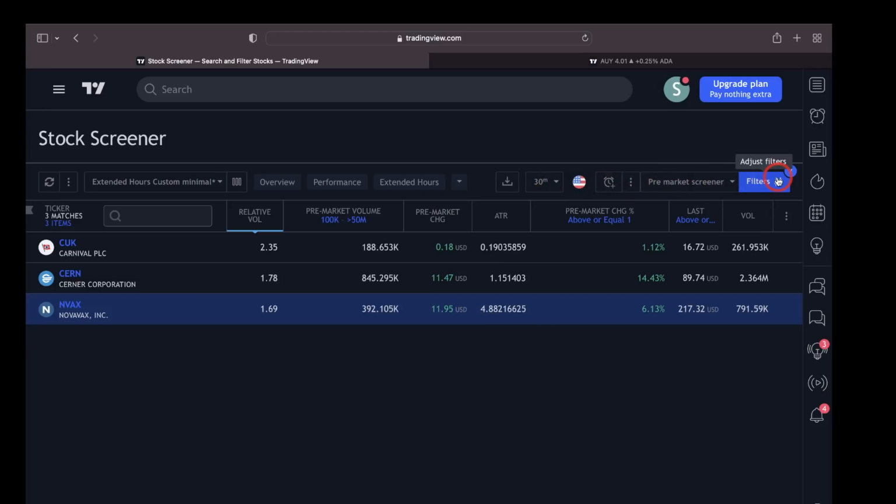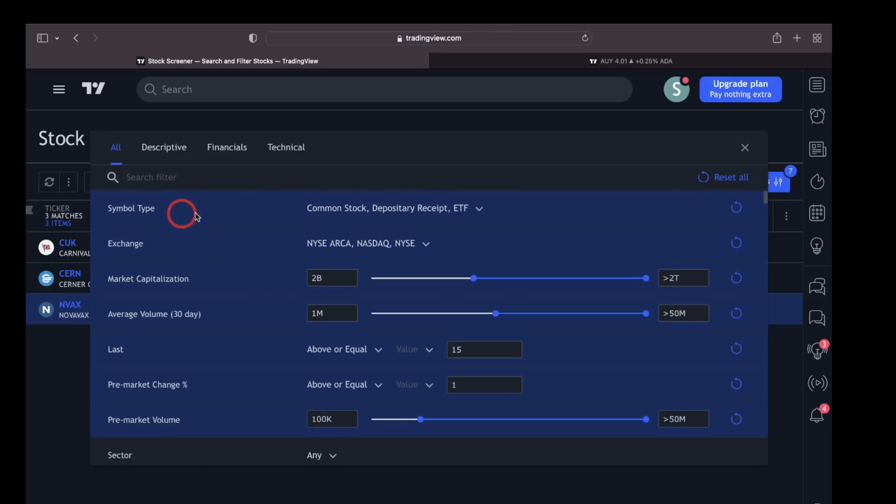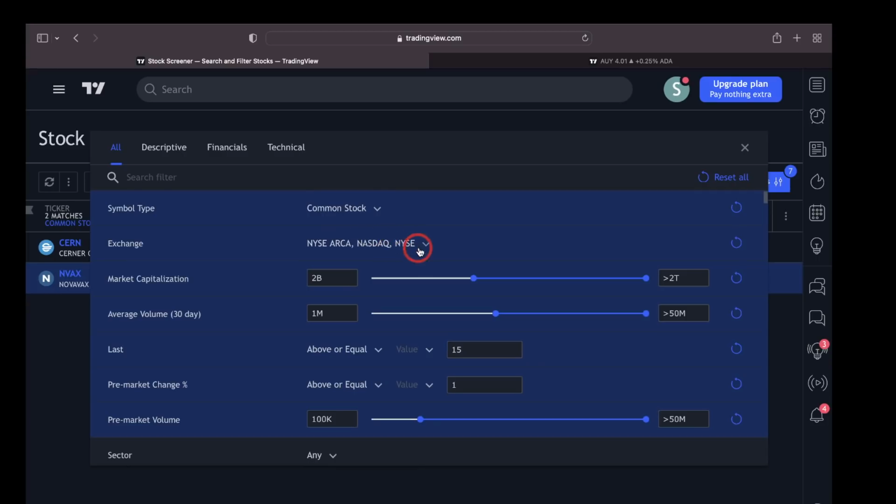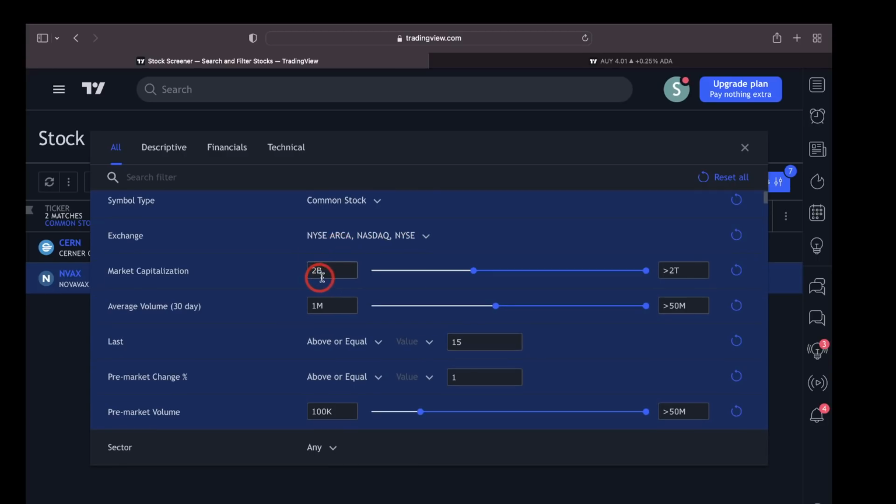And then the filters I want to talk about, first is symbol type. I usually stick to stock because I don't really want to trade anything else. Then exchange, you can leave it whatever you want. Then market cap, I'm looking at mid cap and above, so it's set to a minimum of $2 billion.